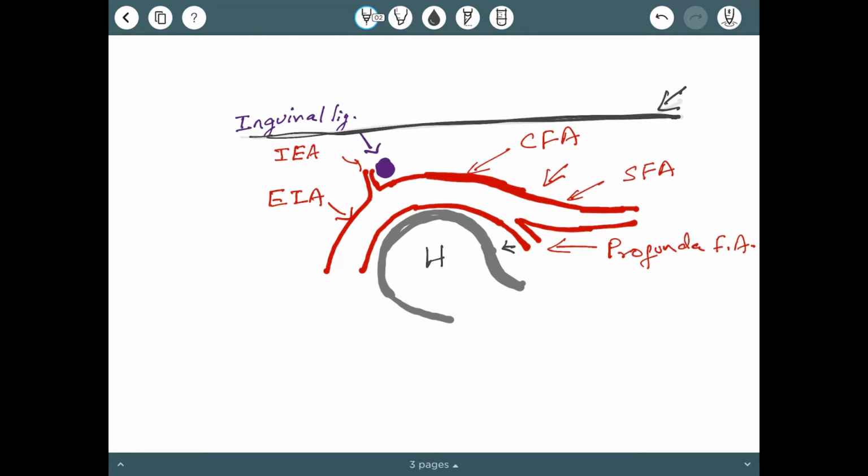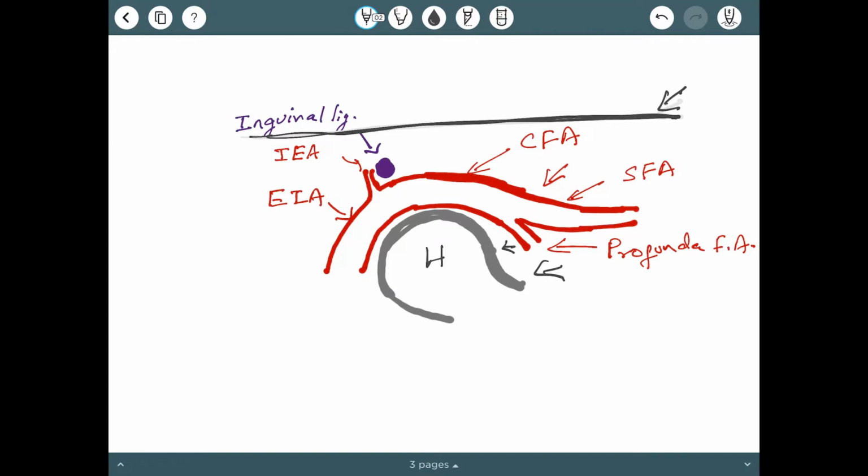So if you are puncturing very low, there could be two problems. First, the puncture will not be over the head, it will be over the muscle and the tissues there. So when you are pressing over the puncture site for sealing it, you will not have adequate counter pressure. So there will be chances of oozing from that site.